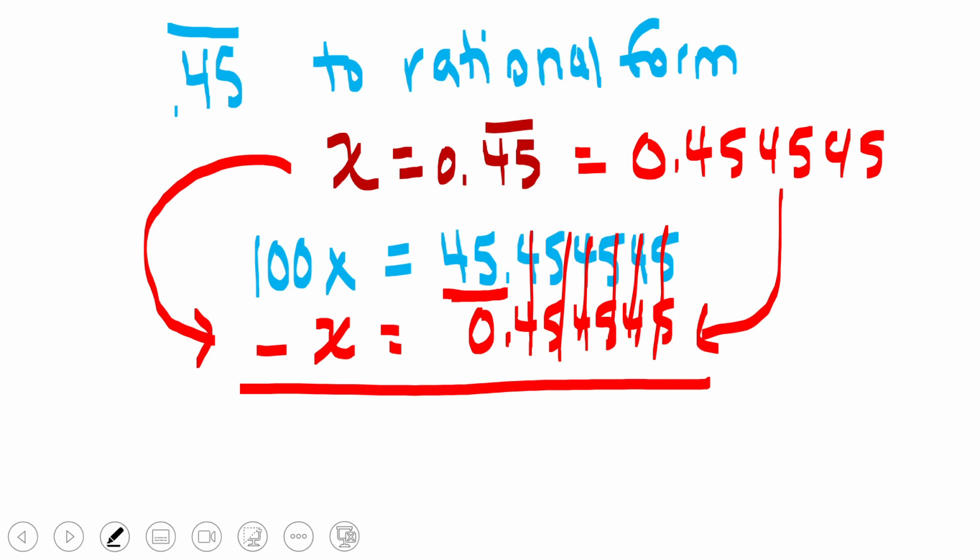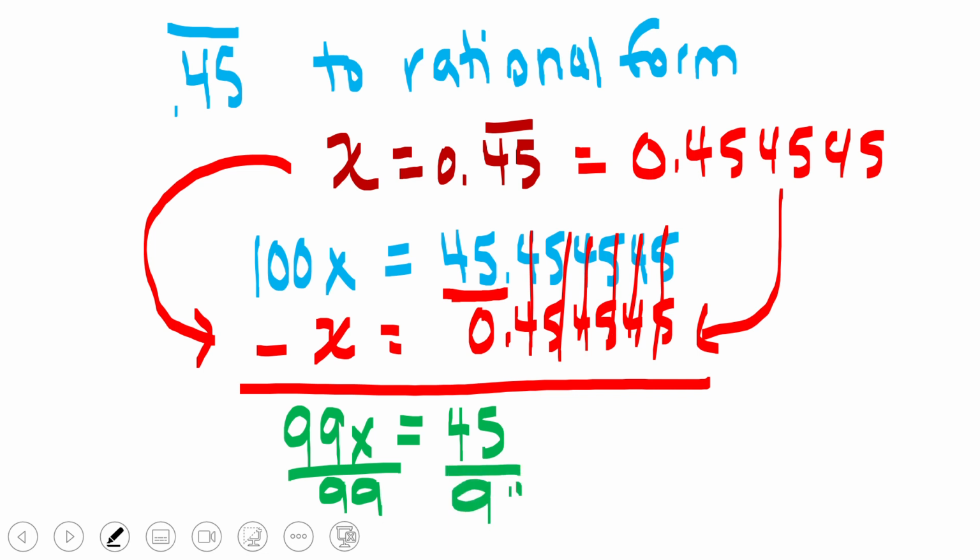Okay, 100x minus x, those are like terms. You're subtracting 1 from 100. It's 99x. Look what happens. That's equal to a whole number, 45, now on the other side. So divide by 99 on both sides, and you're going to have x equals 45/99ths.